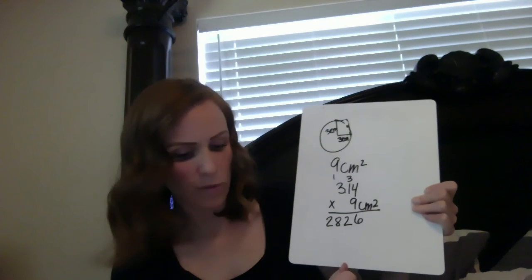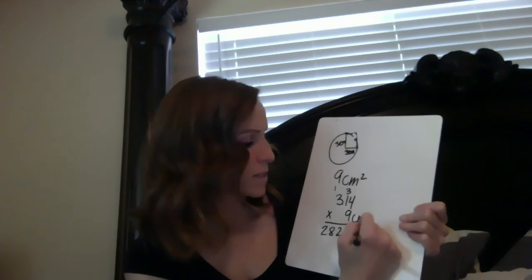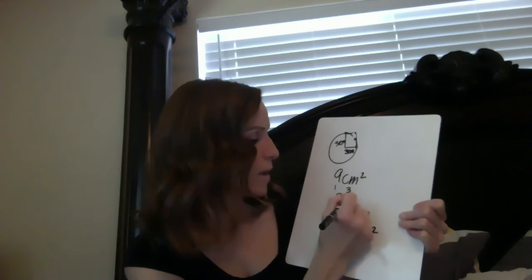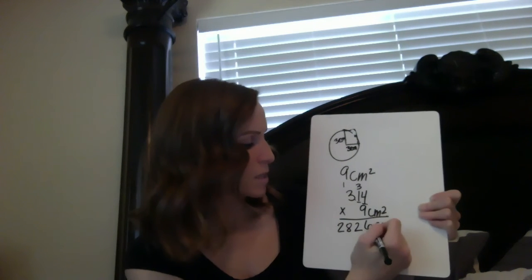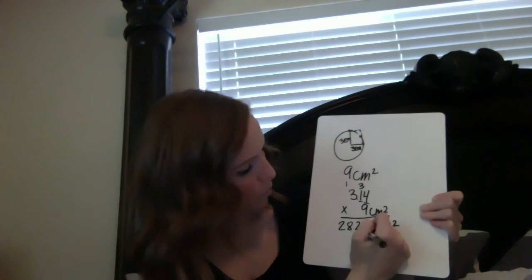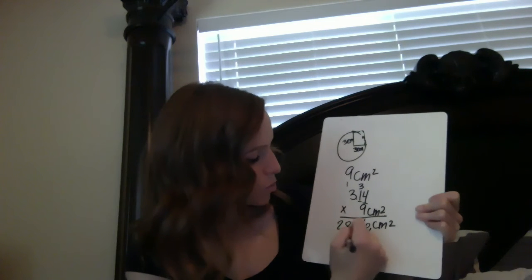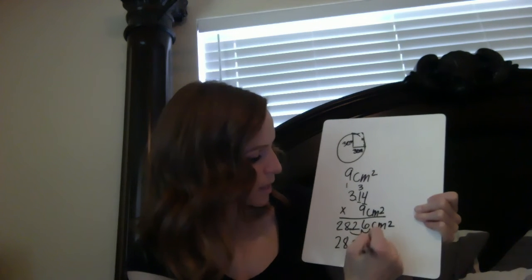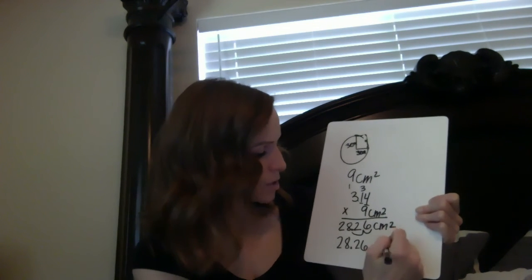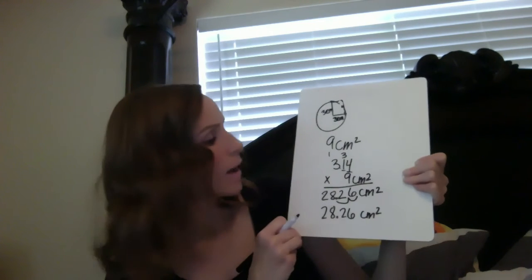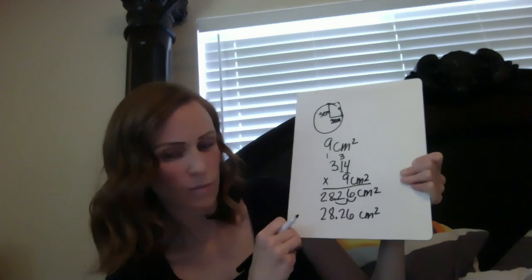So we have 28, 26, and then we have to bring down our centimeters squared. We have 2 decimal places, so we need to start over here and bump 1, 2. So I'm left with 28 and 26 hundredths centimeters squared as the area of my circle.